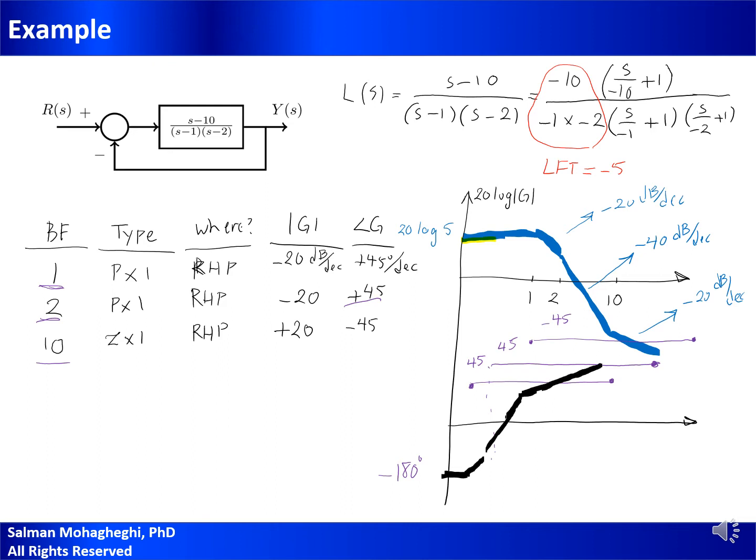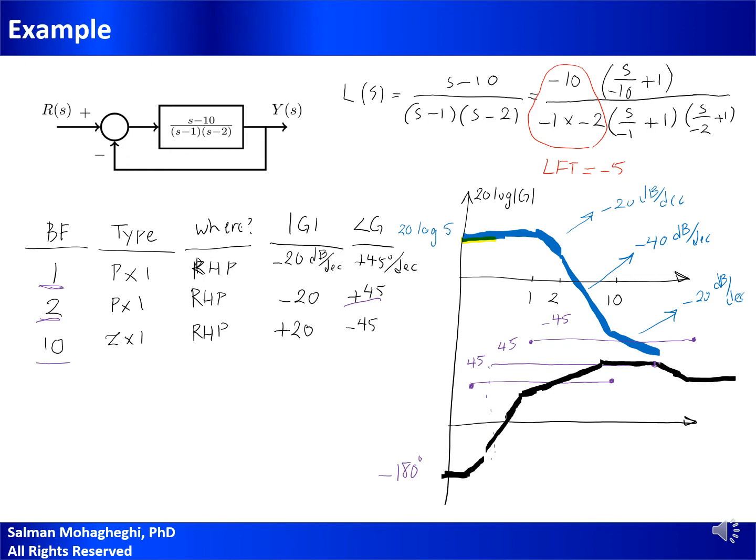So it's going to be 45. And then from here to here, it's going to be 45 minus 45. So that's kind of the 0. And then from here to here, it's going to be minus 45. So I will go somewhere here. And then after this, it's going to be a flat line.